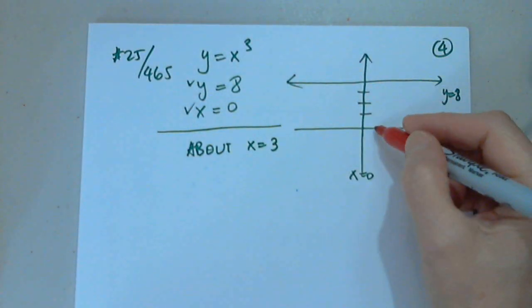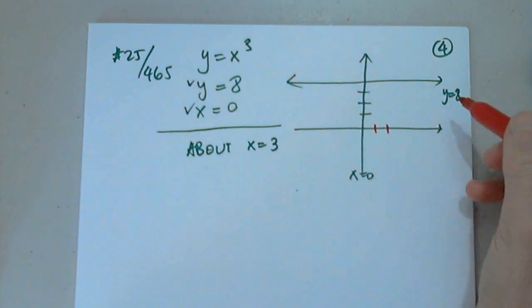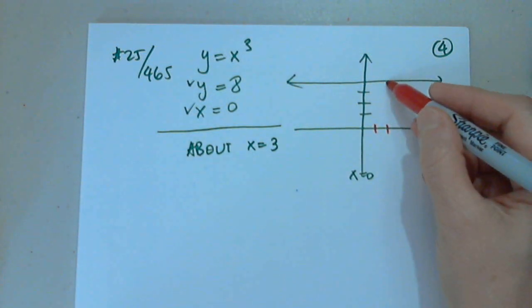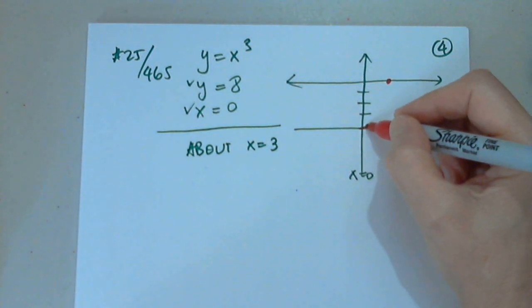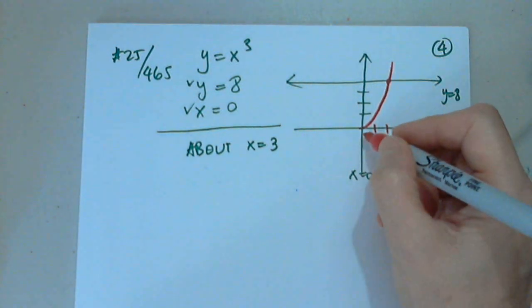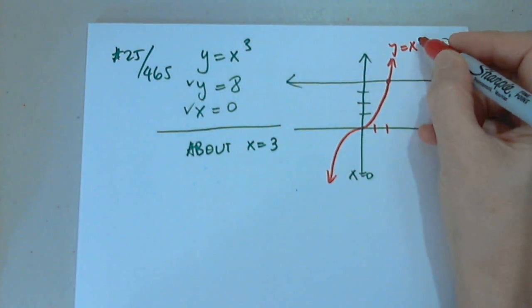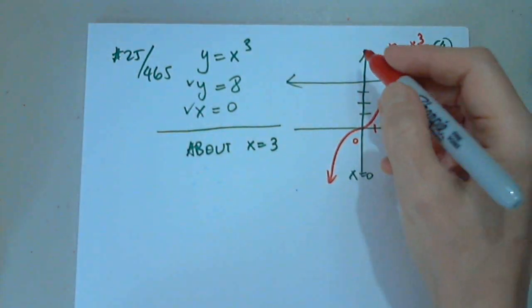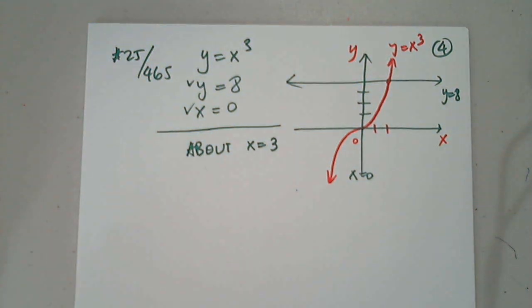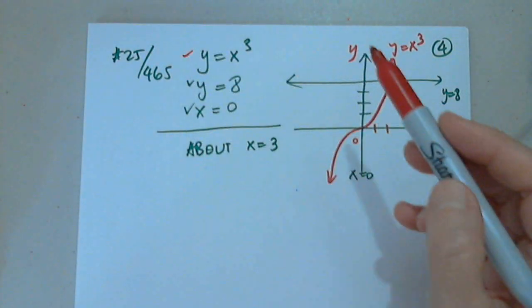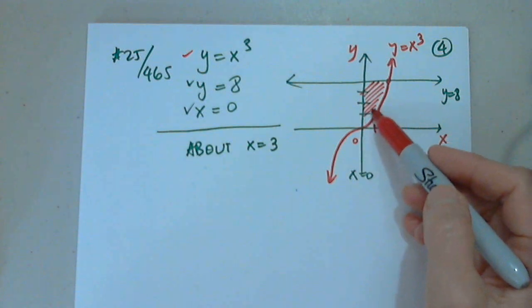I know that when x is 2, y will be 8. So I'm going to graph accordingly. So this is y equals x cubed. I already took care of the intersection. So this is the area in question.